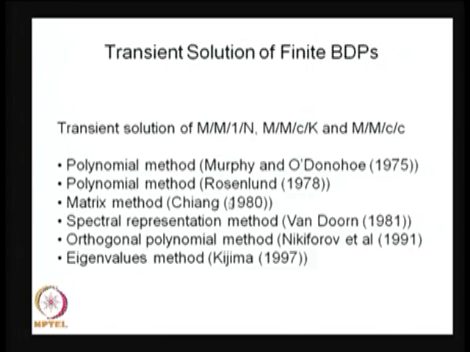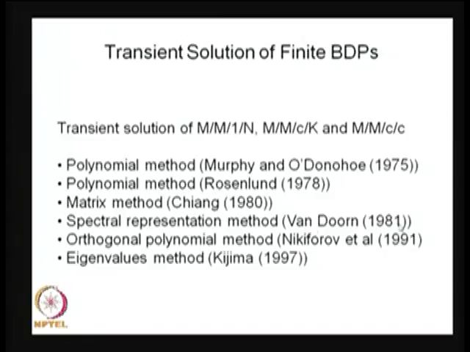There is a lot of literature on the transient solution of a finite birth-death process, started with Murphy and O'Donoghue. He used the polynomial method, and in 1978 Rosenlund also found the transient solution for the finite BDP, again using different polynomial methods. Chiang in 1980 made a matrix method to get this transient solution.